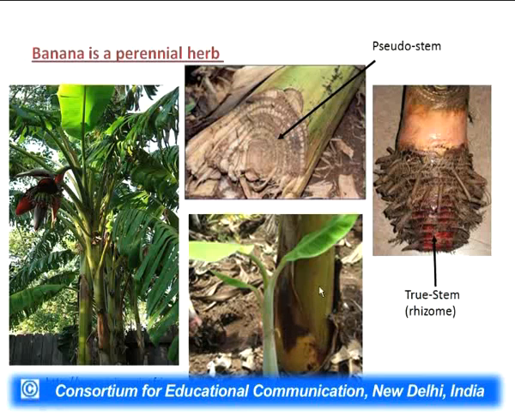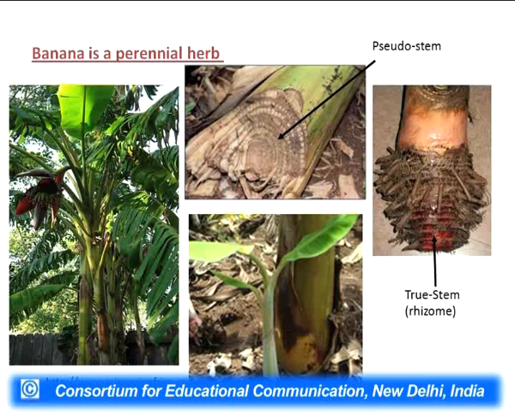However, the actual banana stem lies underground. This is the true banana stem, and this main stem is a perennial stem that does not die. You can see a young new banana plant comes up near the old one, which we call a sucker plant. So, banana is classified as a perennial herb plant.